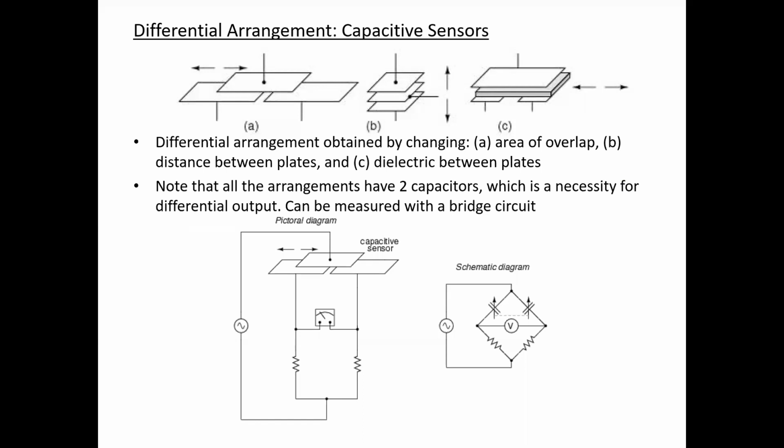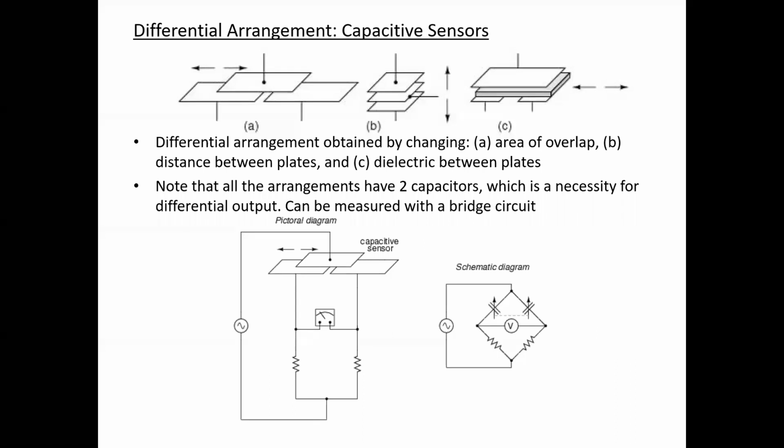So in the previous class, we studied how, depending upon the variation of different parameters, different capacitive transducers can be formed.